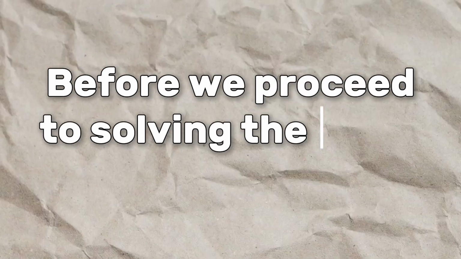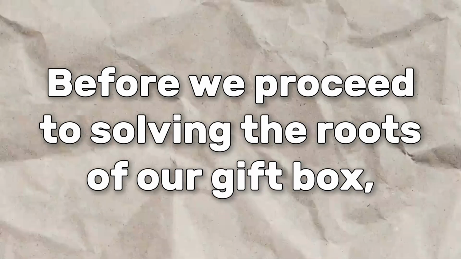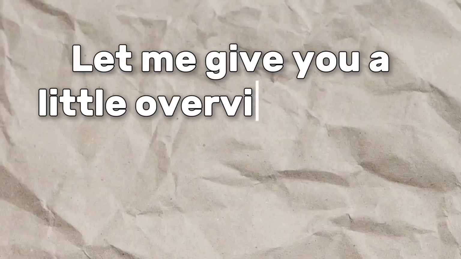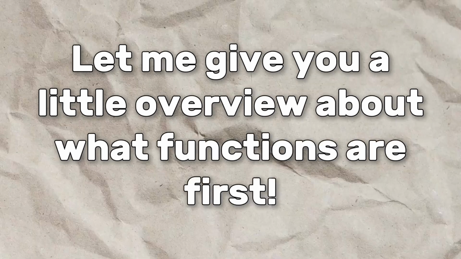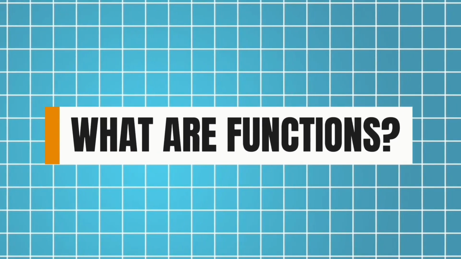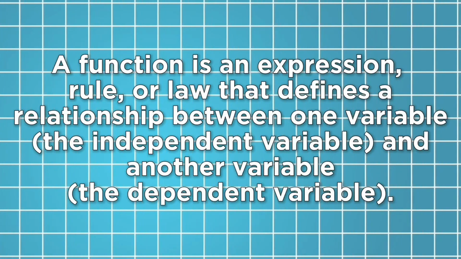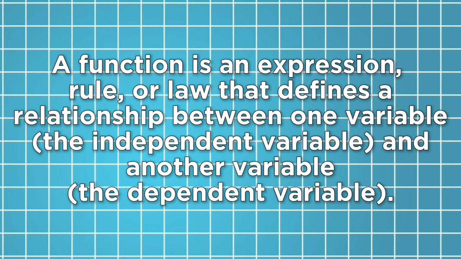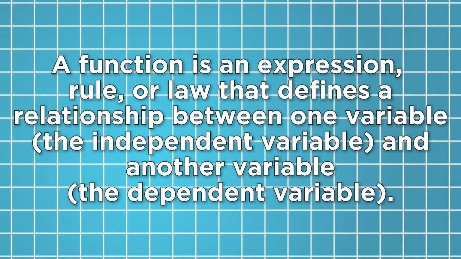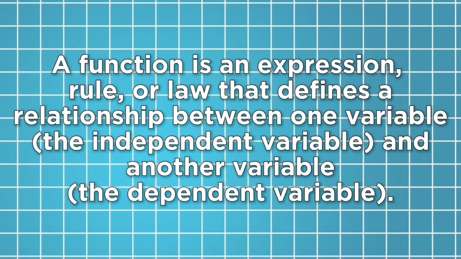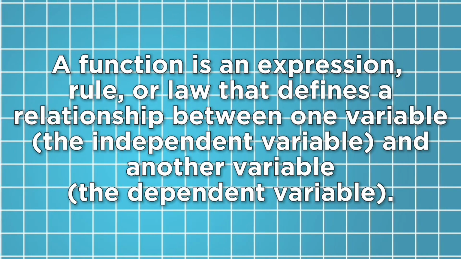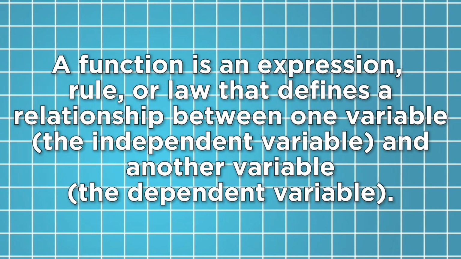Before we proceed to solving for our gift box, let me give you a little overview about what functions are first. In mathematics, a function is an expression, rule, or law that defines a relationship between one variable, the independent variable, and another variable, the dependent variable.